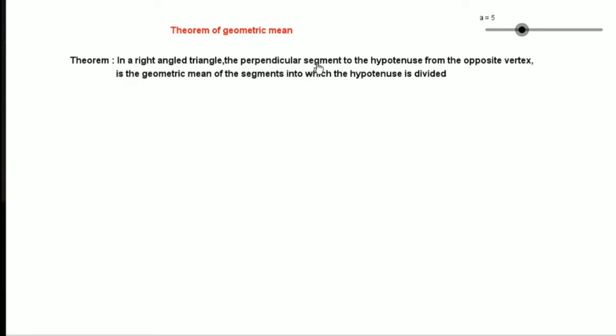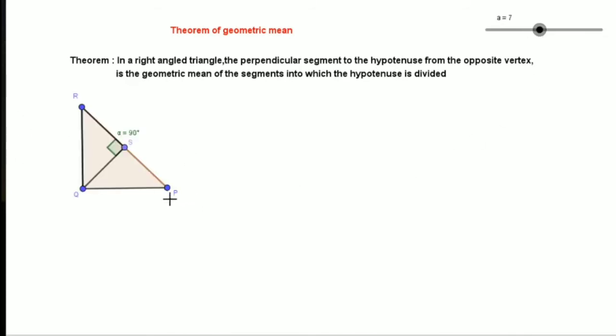Due to this perpendicular segment drawn on the hypotenuse, the hypotenuse is divided into two segments. This perpendicular segment is the geometric mean of those segments. This is the meaning of this theorem.